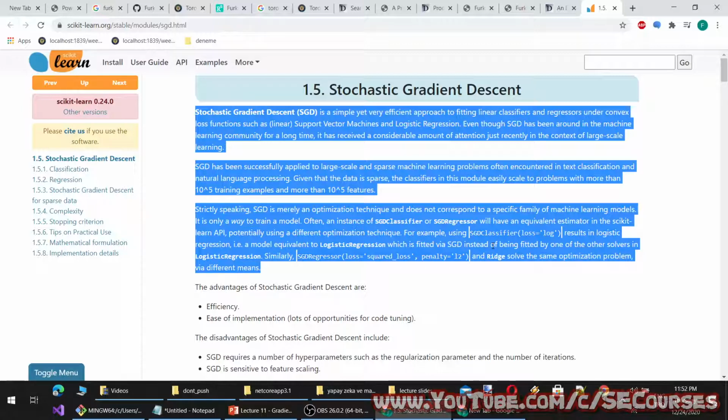For example, using SGDClassifier with loss equals log results in logistic regression, i.e. a model equivalent to logistic regression which is fitted via SGD instead of being fitted by one of the other solvers in LogisticRegression. Similarly, SGDRegressor with loss equals squared_loss and penalty equals L2, and Ridge solve the same optimization problem via different means.